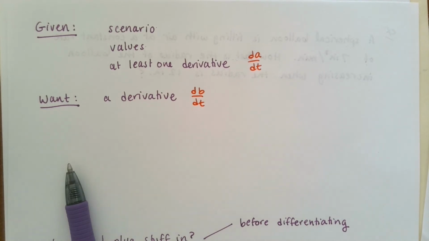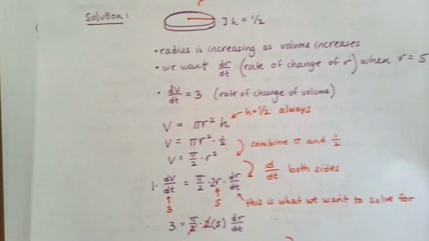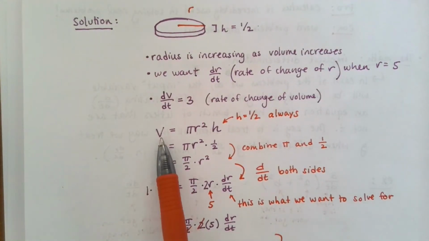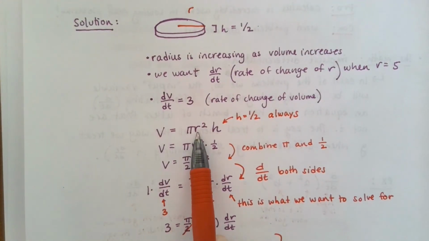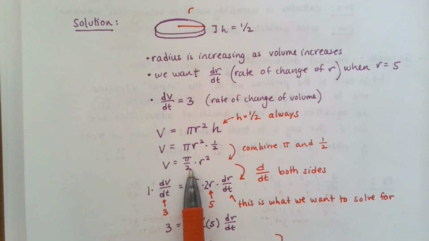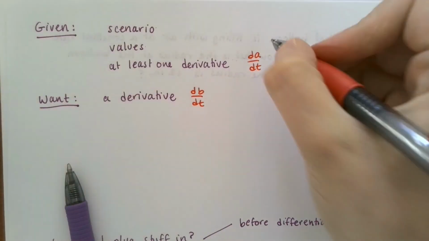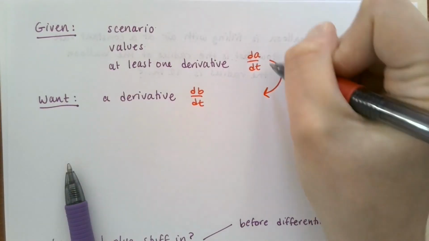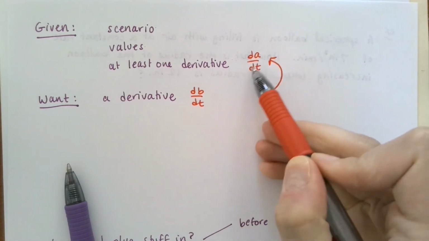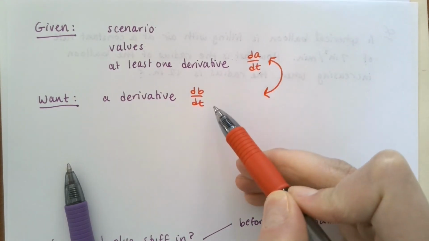Now, what we did in this puddle example was we got the volume and the radius together in an equation and started taking derivatives. That is going to be your goal in all of these. So to put together the equation, you want to identify what these derivatives are.